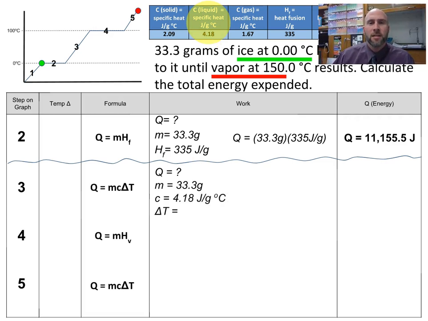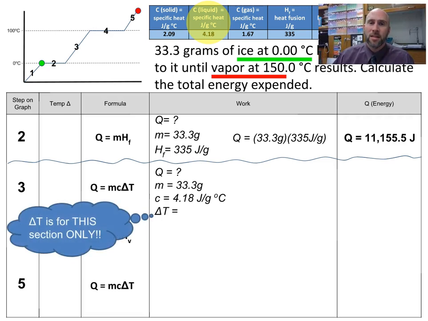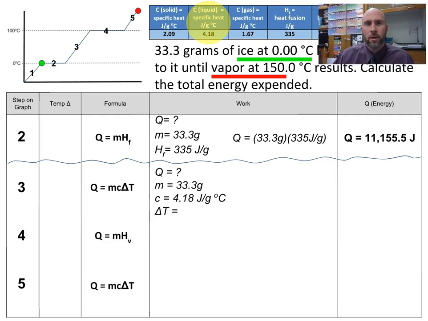All right, lastly, the next one here is delta T. Again, delta T is only for the section you're currently working on, so you have to be careful. On this problem, you have to look up here on the graph. I'm only going from here to here, all the way through step 3.